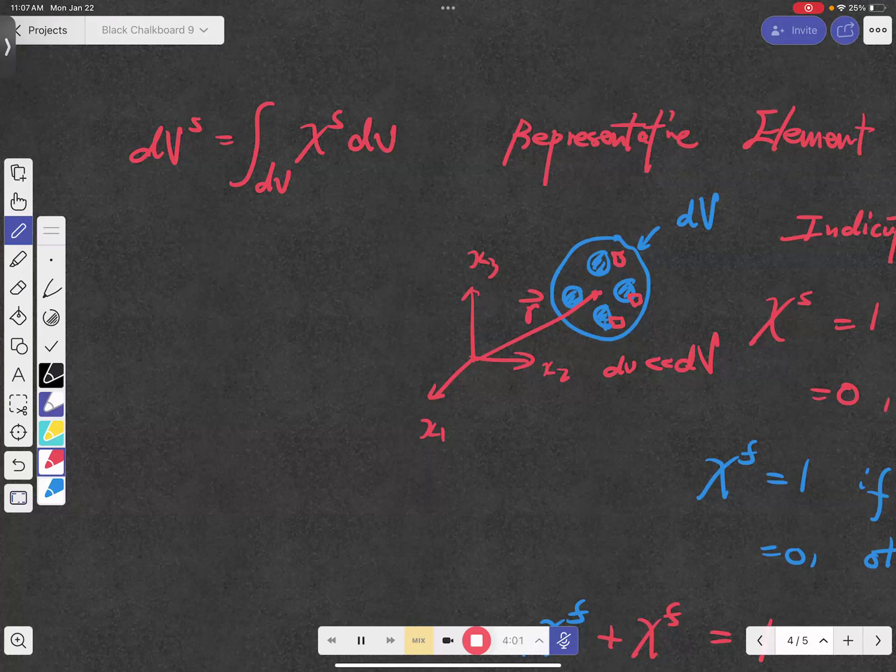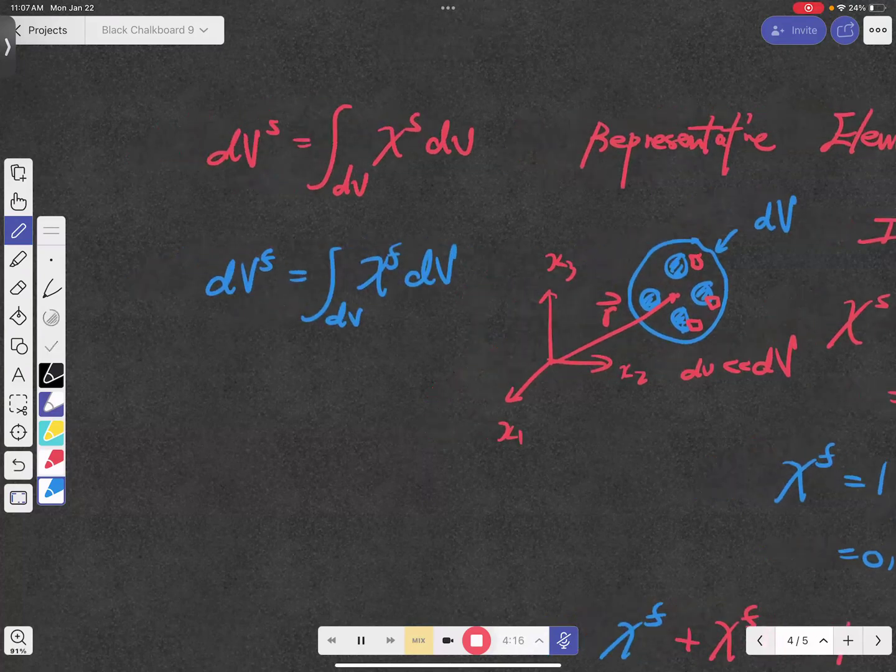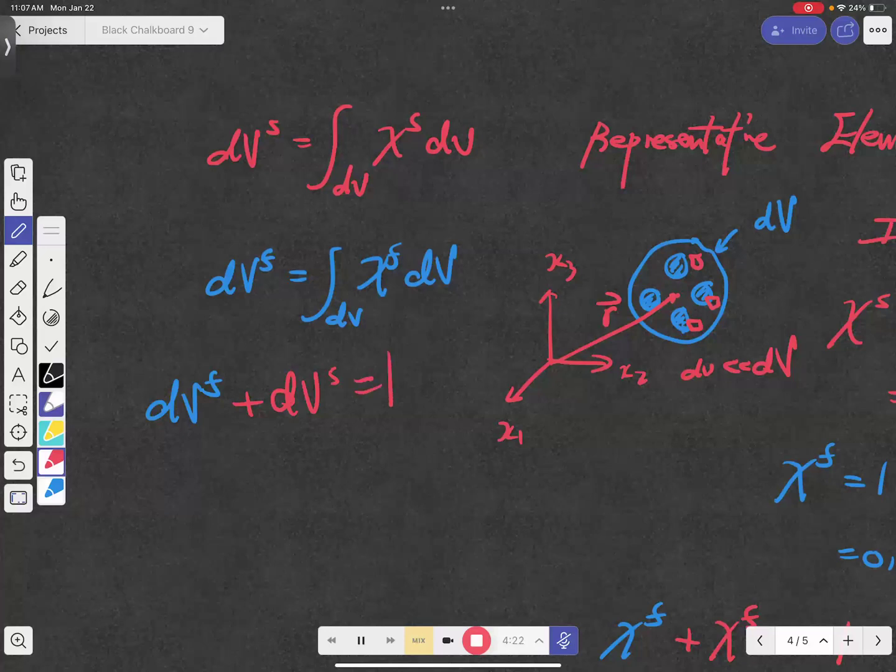Does that make sense? And the same thing for the fluid. So again we are proving that dVs plus dVf equals 1. So far so good.